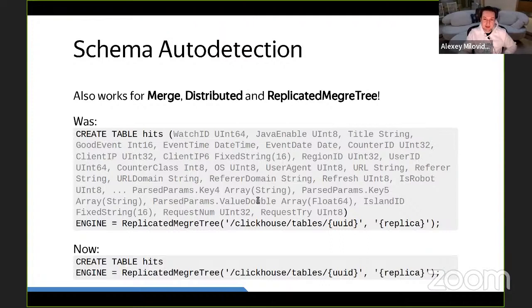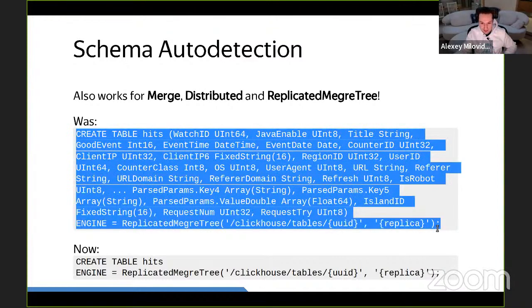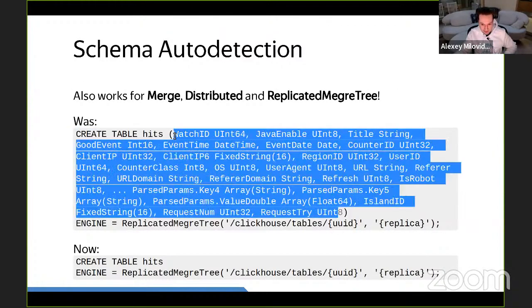And finally, you don't have to specify schema when you create Merge, Distributed, or ReplicatedMergeTree tables. When you create the first replica, you will write something like this with the full schema.